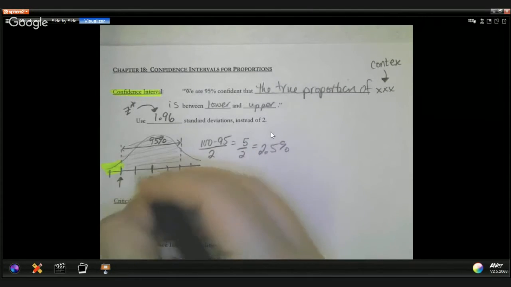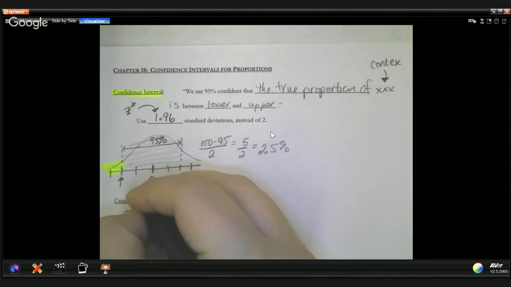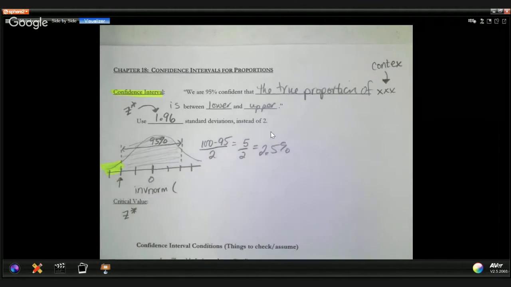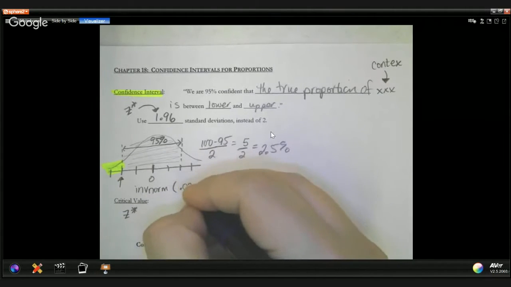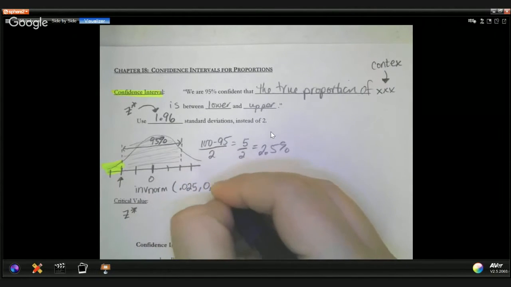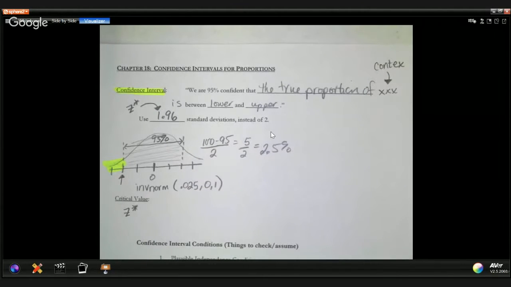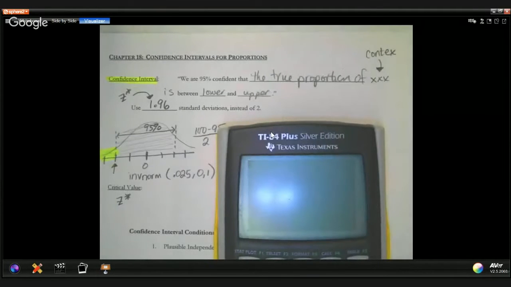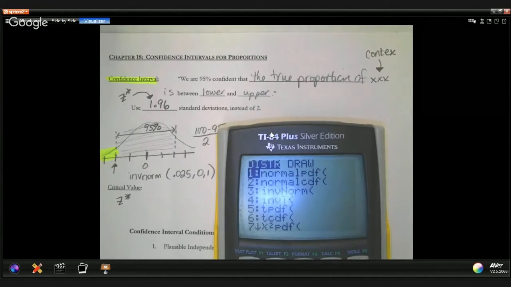And so now the way this 1.96 comes across, or where you find it, is you do the inverse norm of 0.025. We're just going to always base it off 0 and 1 because it doesn't really matter what our mean and standard deviation are for these yet. So second distribution.